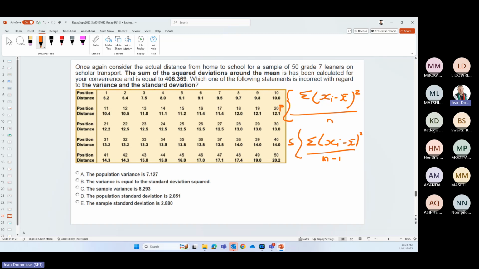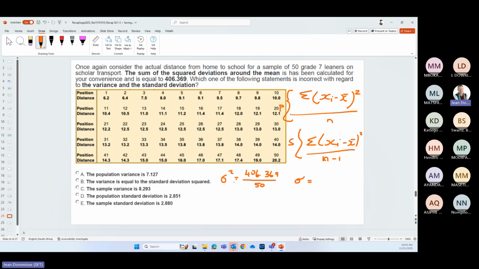So they now have given us information at the top. So they've told us that is your squared. So for the population variance, we're basically going to work out what that number is, and then for the standard deviation, we'll just take the root of it.